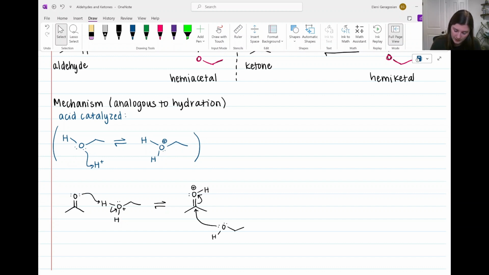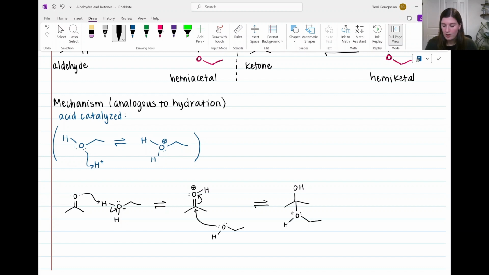If we draw the product of this, starting with the bonds present from the ketone, we have the carbonyl carbon bonded to the two methyl groups. The carbonyl oxygen now became an OH group, with a single bond to the carbon. And now we have the alcohol molecule bonded to that carbonyl carbon. We have a positive charge on that oxygen because it lost ownership of that pair of electrons.